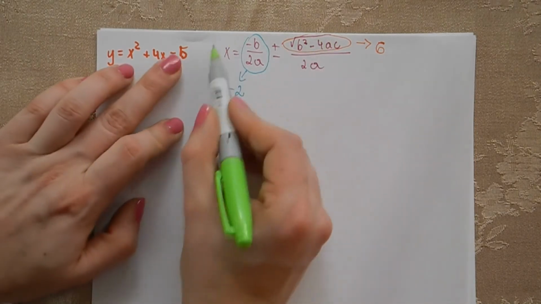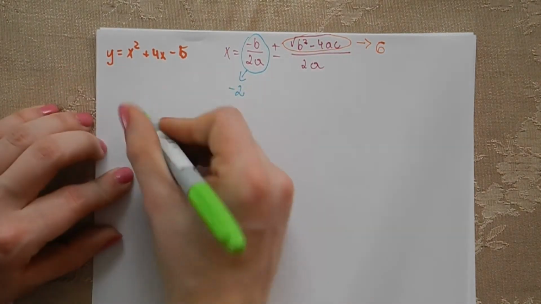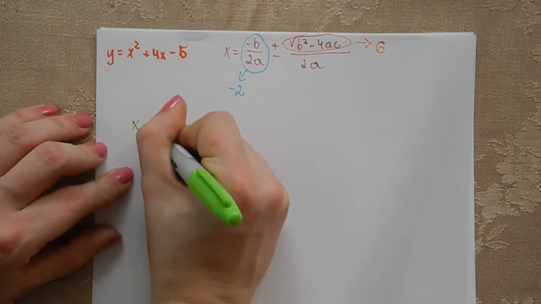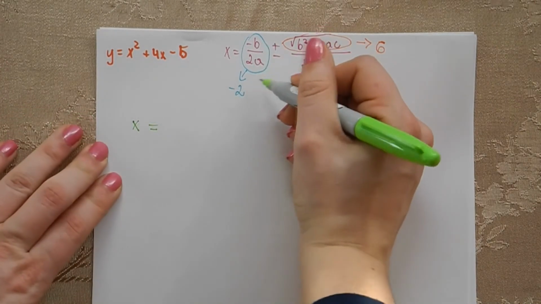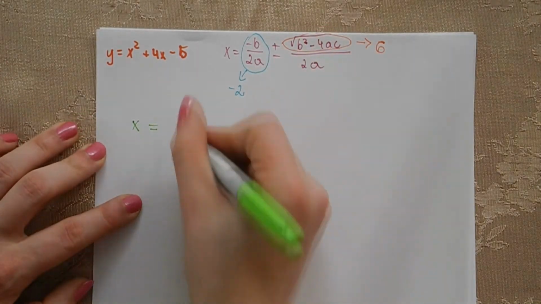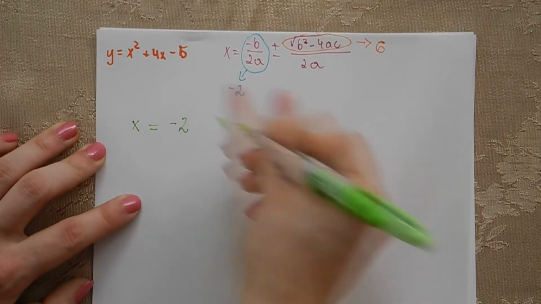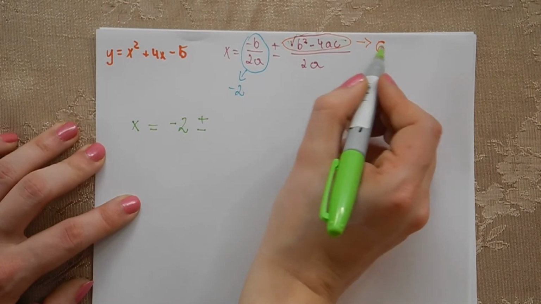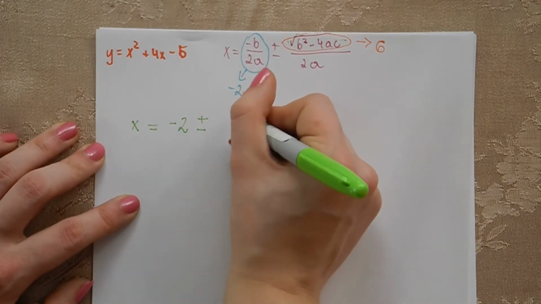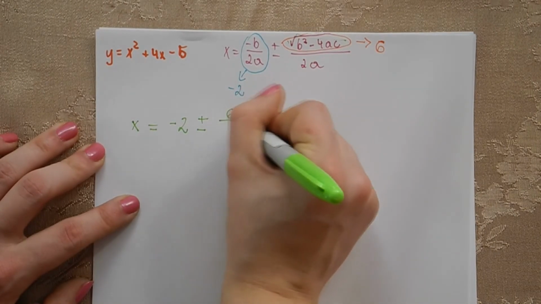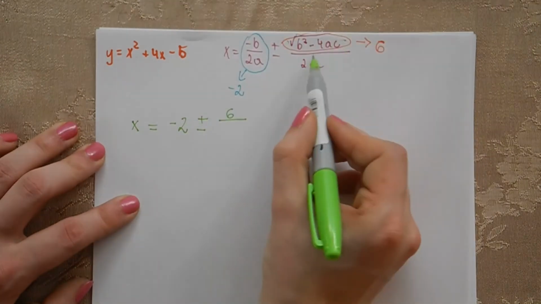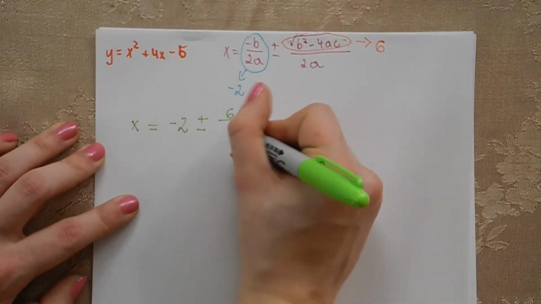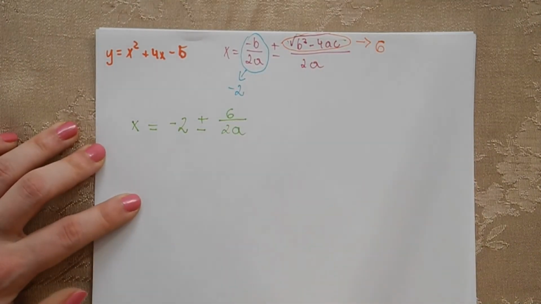So now, looking back at our quadratic formula, we have x equals the first part, which is negative 2, plus or minus the radical part, which was equal to 6, therefore I'm going to put 6 over the remaining part of the formula, which is 2a.